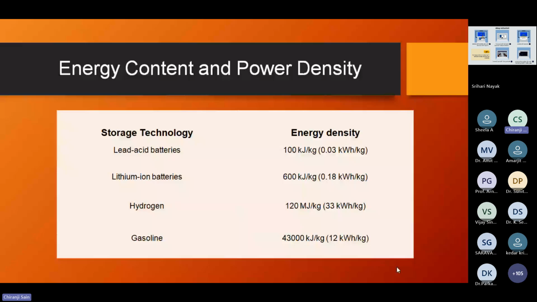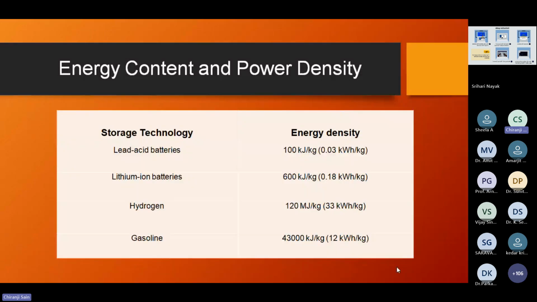The energy density is solely associated with the continuous power supply, as well as the distance traveled by a particular electric vehicle.